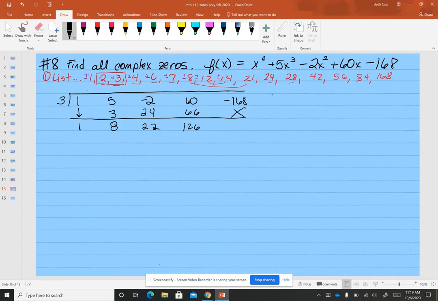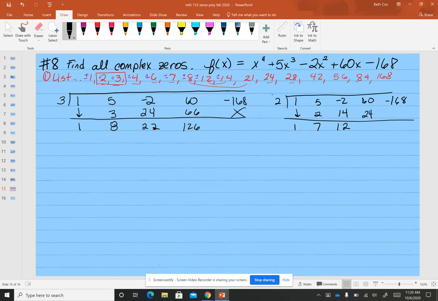So let's try 2. Again we have the 1, the 5, the -2, the 60, the -168. We're going to try 2 this time, see if we have better luck. 5 plus 2 is 7. 14 gives me 12.